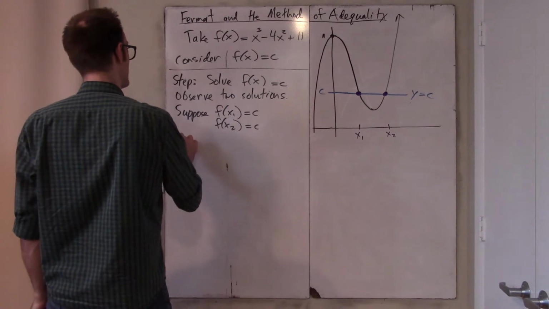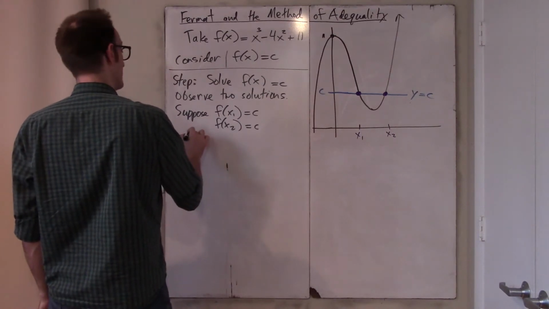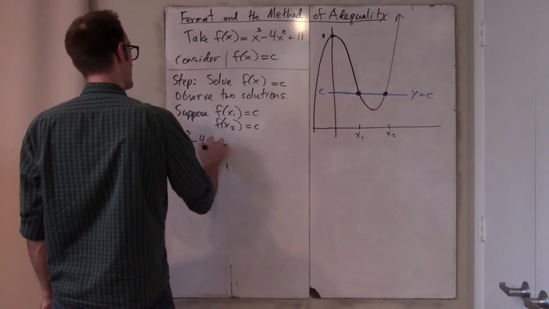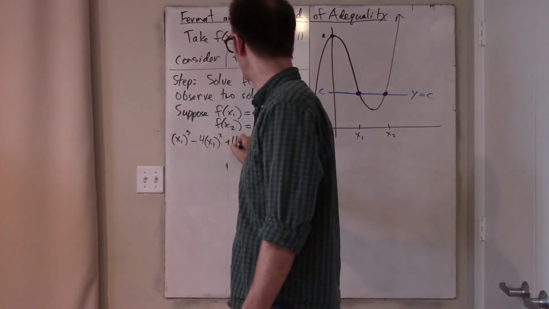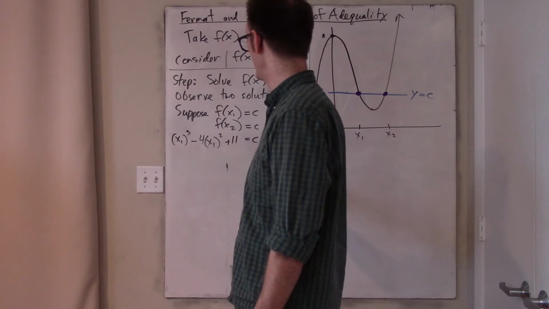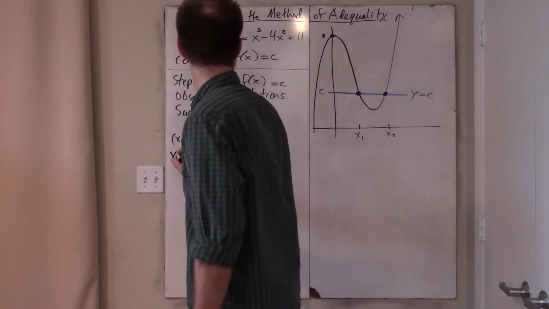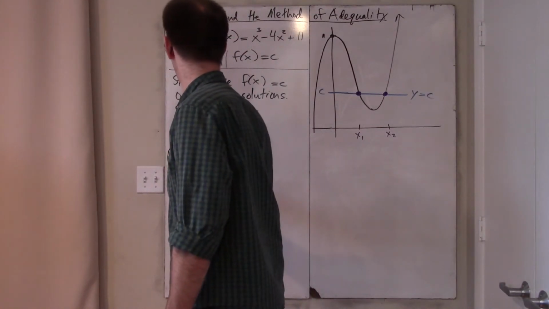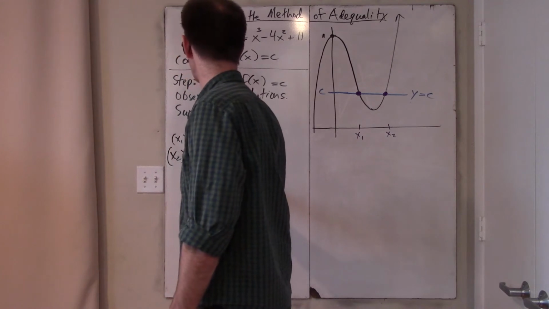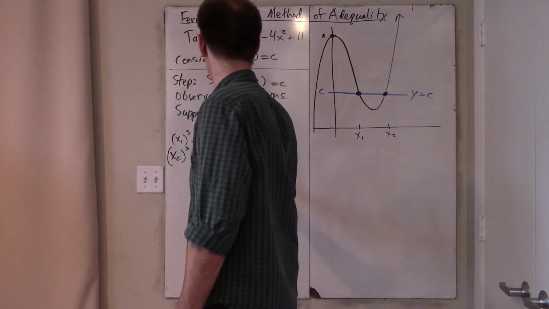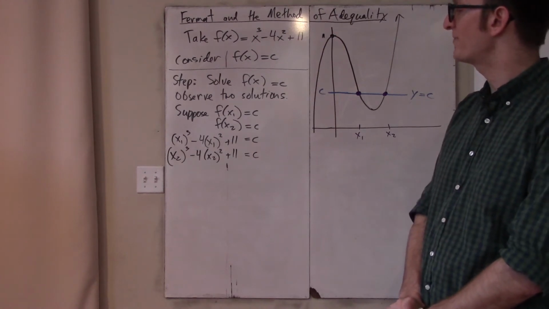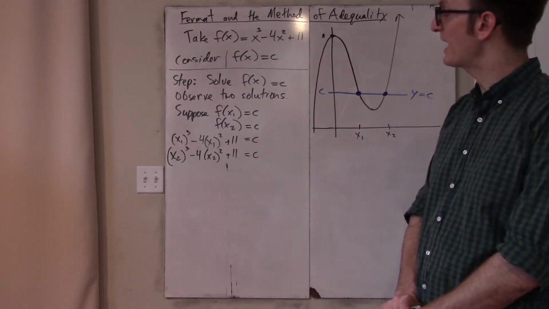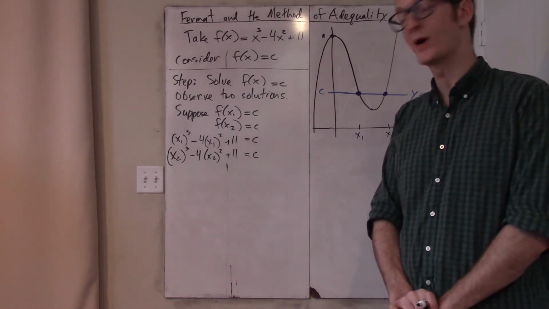I know that when I plug in x1 and I cube it, minus 4x1 squared plus 11, that's going to be c. And I also know that x2 cubed minus 4x2 squared plus 11 is going to be c. And okay, well, if that's true, then I can just set these 2 equations equal to each other.